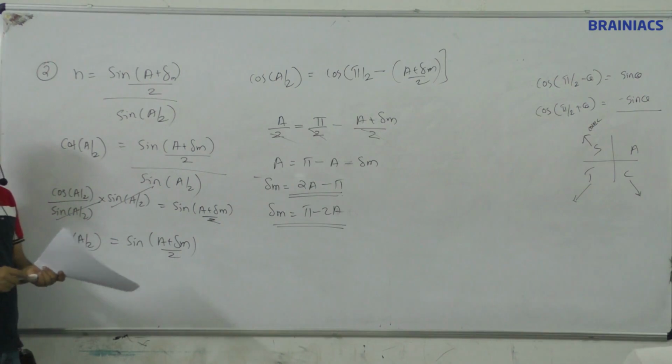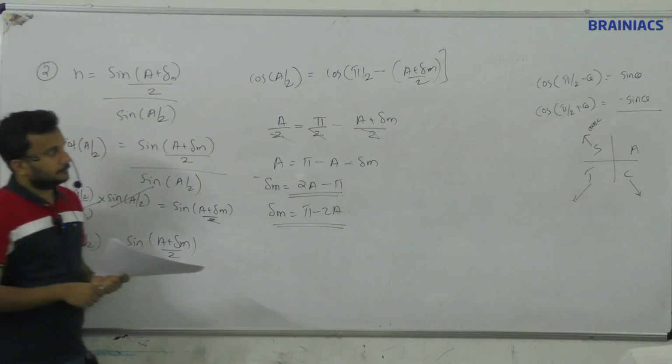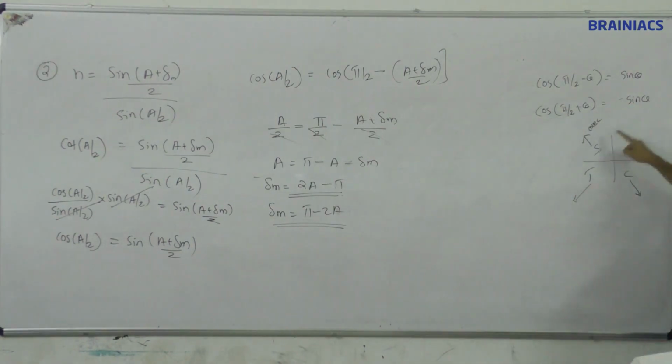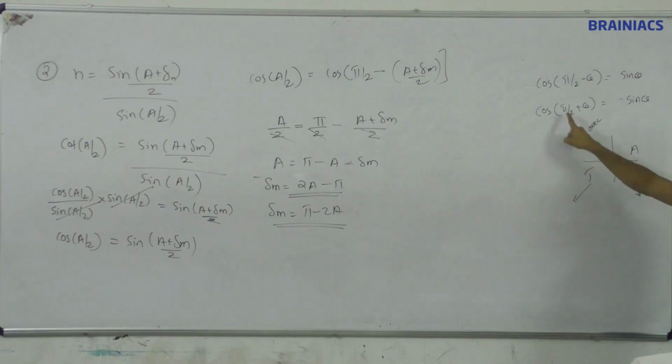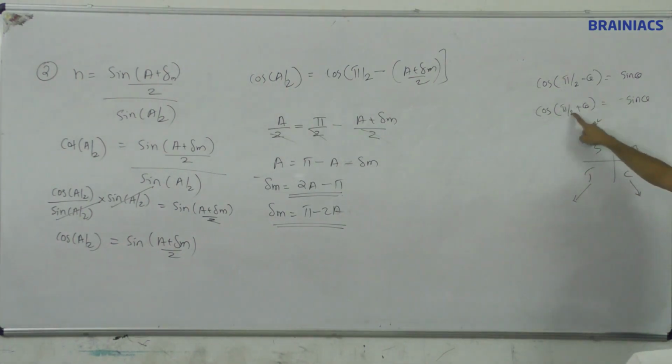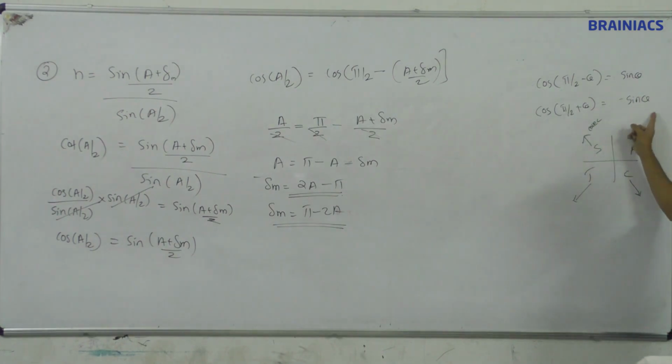Reverse. You know these conversions, right? All Sin Tan Cos. Second quadrant: cos of pi by 2 plus theta, cos in the second quadrant is negative. So first negative, then pi by 2 is an odd multiple, so sin and cos interchange, cos becomes sin, so minus sin theta.